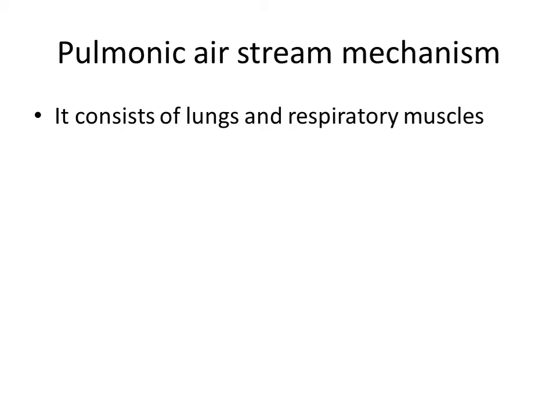The speech sounds will be produced from the air from the lungs. It passes through the glottis and ultimately reaches the mouth, the articulatory system. So the pulmonic airstream mechanism mainly consists of lungs and respiratory muscles, the part of the chest and lungs.